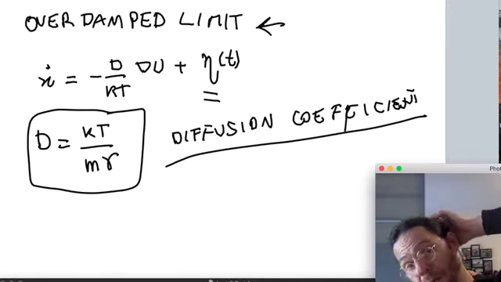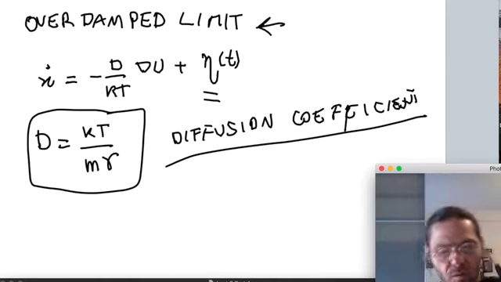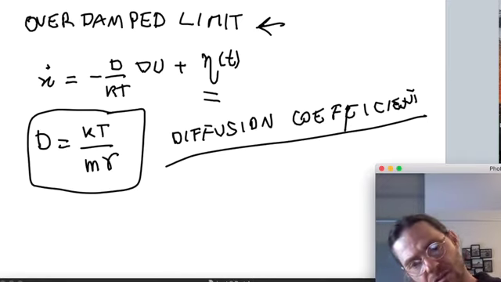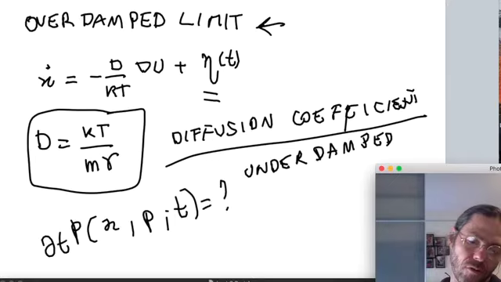So the problem that motivated us towards developing the Langevin equation was finding the dynamics of x and p as a function of t, the probability distribution in phase space for the underdamped case, so basically finding out what's the right hand side of this expression, or what's the right hand side of this expression if I am in the overdamped case.